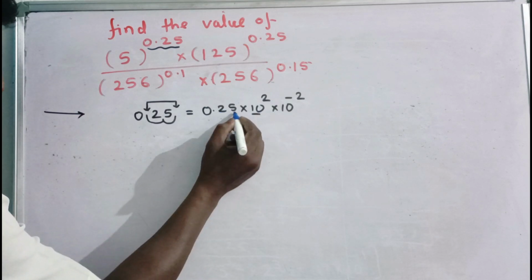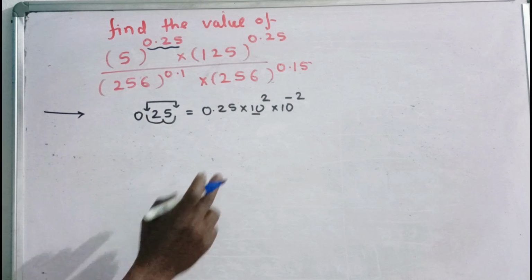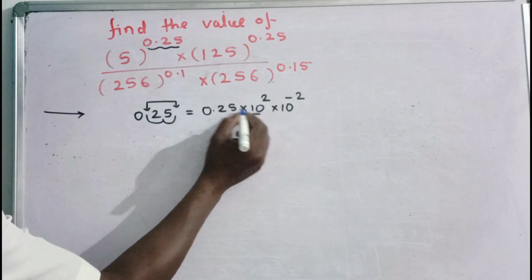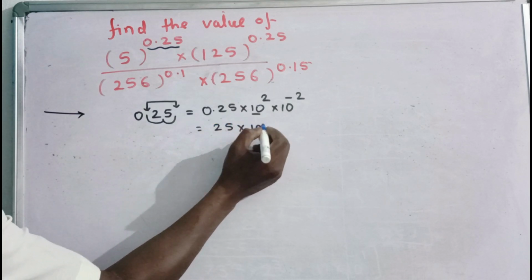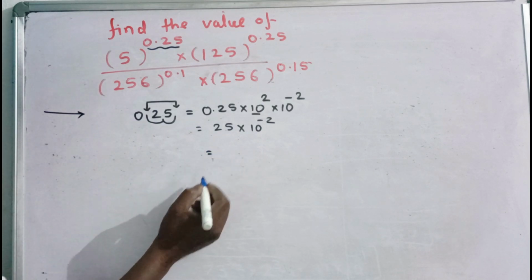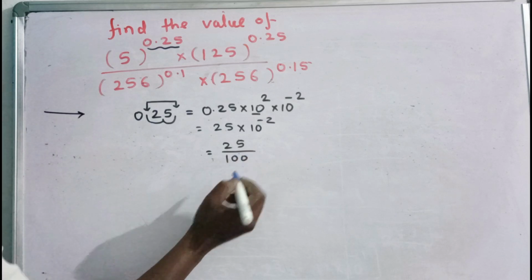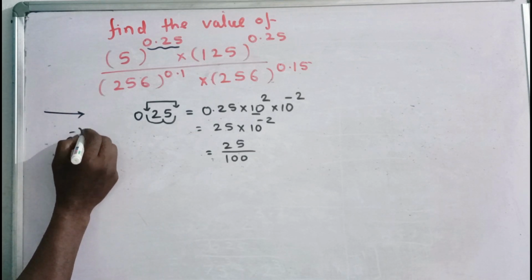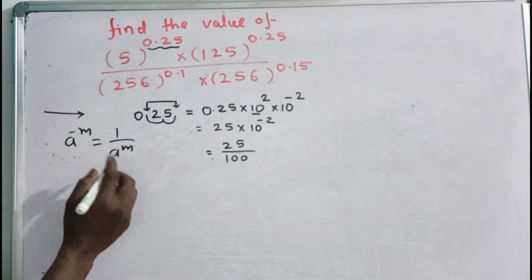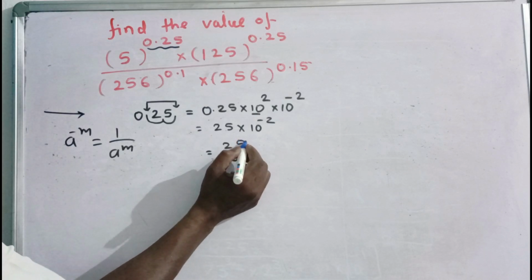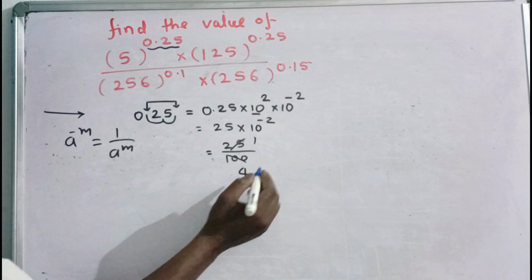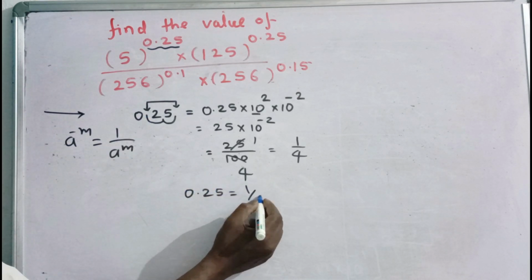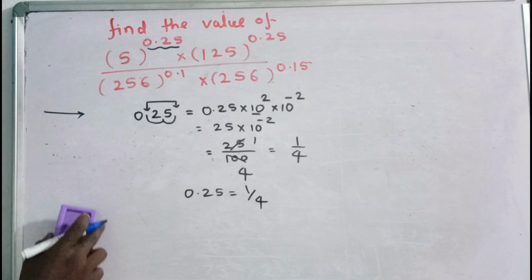Because the point shifts after 2 digits, hence 10 to the power 2. The base 10 always remains the same; only the power changes, depending on how many digits we have to shift. Now after multiplying, 25 into 10 to the power minus 2. Minus 2 goes to the division, so 25 divided by 100. Here we used the property a raised to the power minus m is nothing but 1 upon a raised to the power m. 10 square is 100, so directly we wrote 100. 25 on 100 is 1/4. Now instead of 0.25 we can write here 1/4.